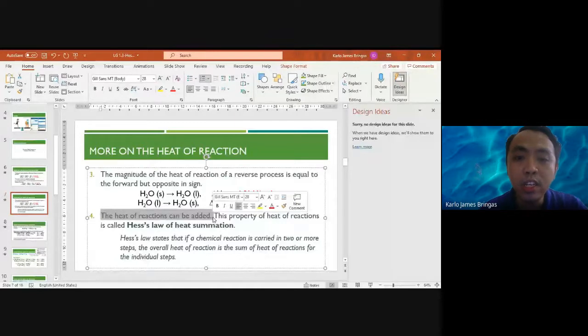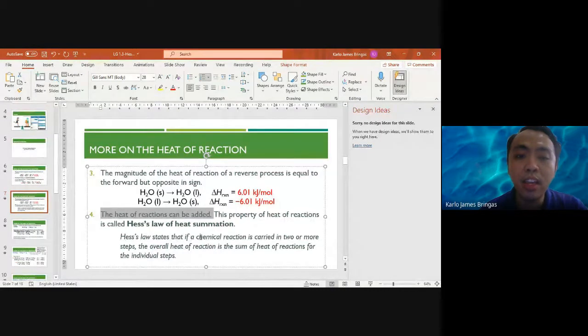Now, this property of heat of reactions is what you call Hess's law of heat summation. Hess's law states that if a chemical reaction can be carried out in 2 or more steps, the overall heat of reaction is the sum of the heat of reactions for all the individual steps.